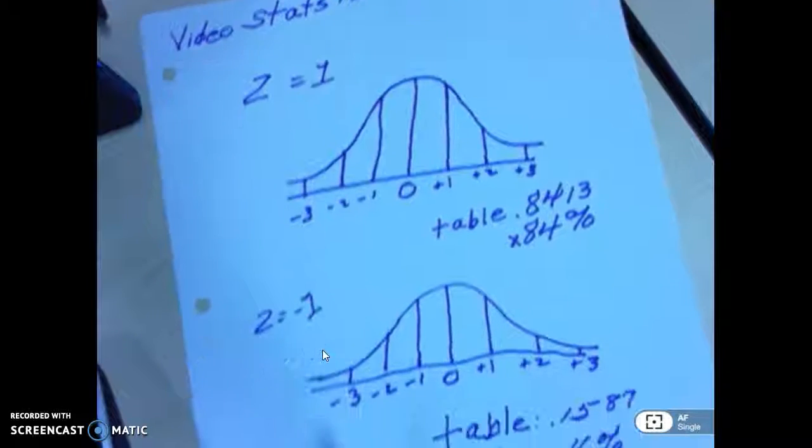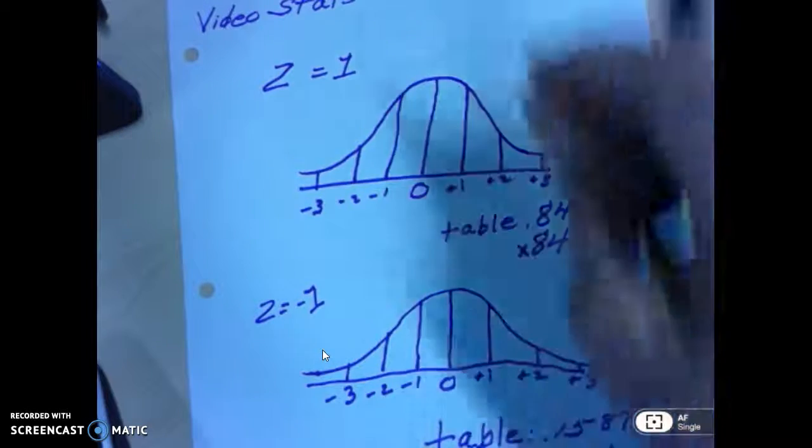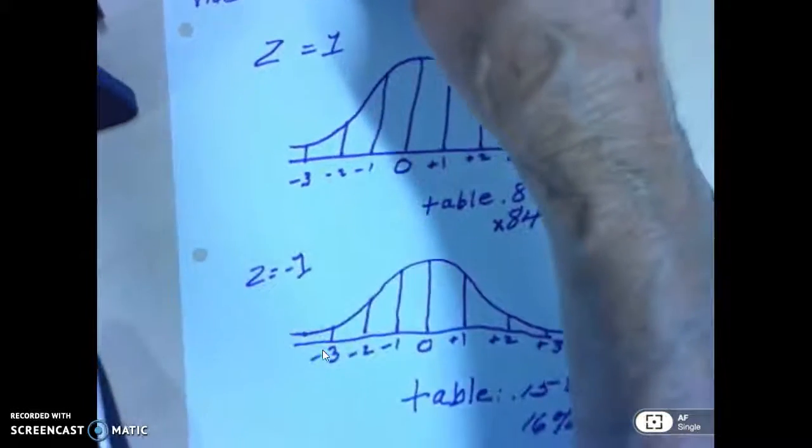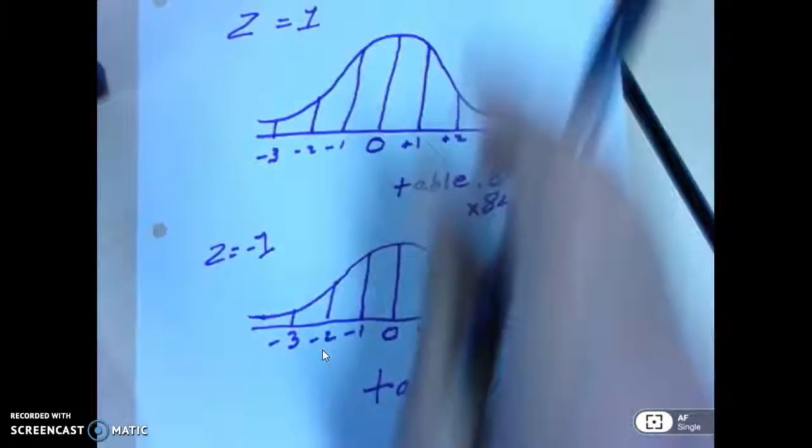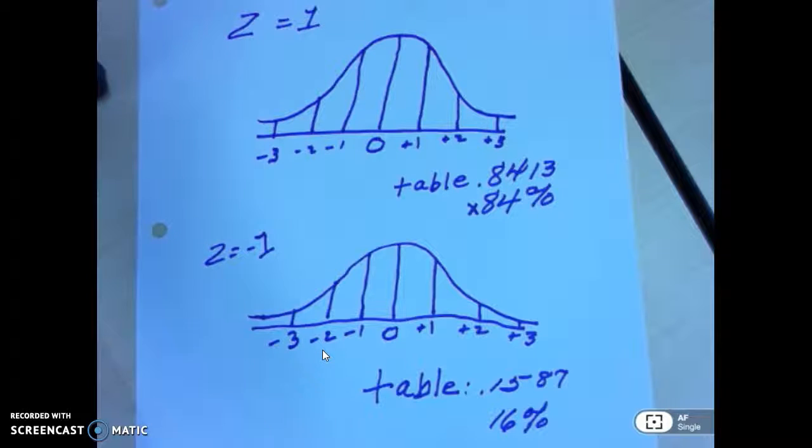Now with the -1 that we have right here, the -1 is found on page 348. Go down the page again, under Z, until you get to 1, and you will find 0.1587, rounded to 16%.